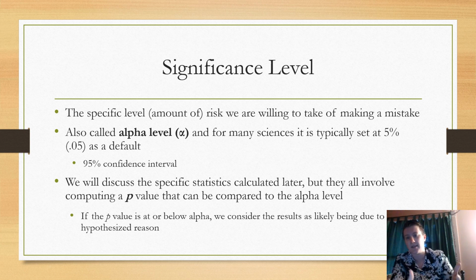So our significance level is our alpha. That is our threshold: if our p-value is less than alpha, then we have statistical significance. If our p-value is greater than alpha, then we do not have statistical significance.